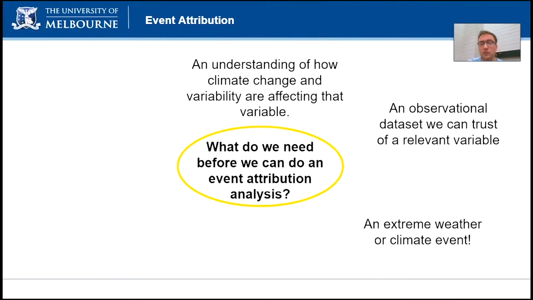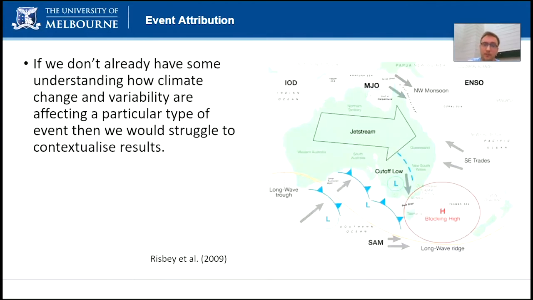Another ingredient we need is a good understanding already of how climate change and climate variability affect a particular variable. So we know, for example, in Australia, and I'm sure most of you have seen this figure quite a few times before from James Risbey's paper, that we have lots of different modes of climate variability affecting the Australian climate system, including the El Niño Southern Oscillation and the Indian Ocean dipole.